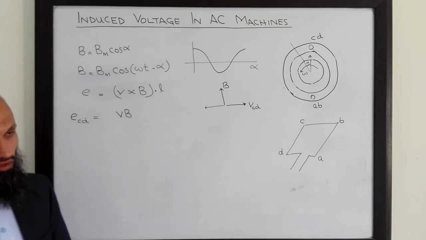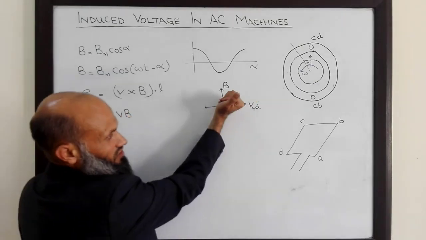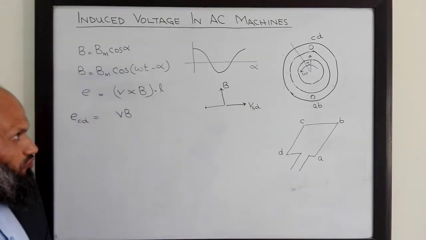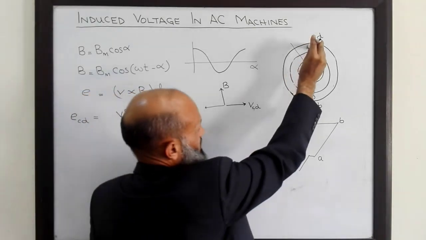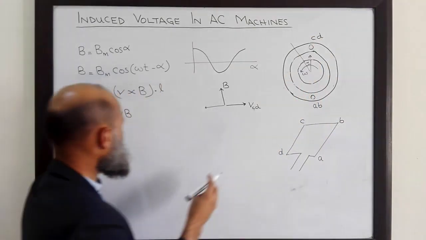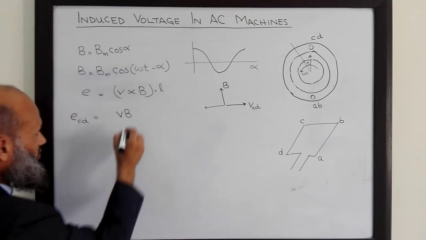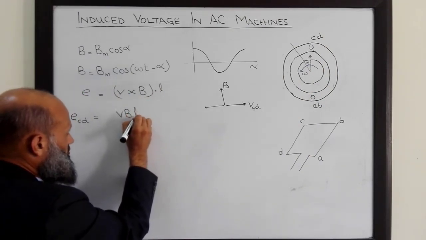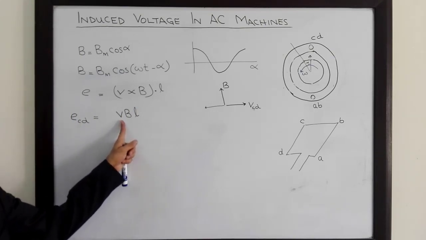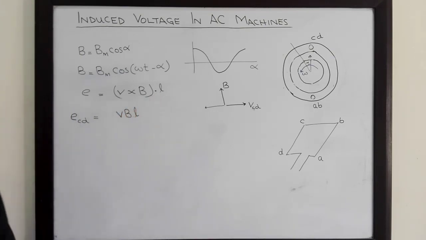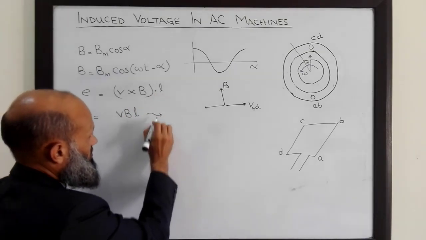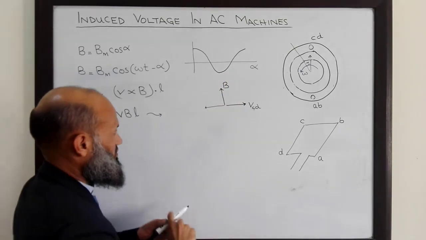And what is the direction of V cross B? Rotate V in the direction of B. So V cross B is out of the surface of the board, which is then parallel to this length vector. This length vector is placed like this. So V cross B is parallel to the length vector. V cross B is simply VB and dot L is VBL, and the direction of this induced voltage is out of the surface of the board.